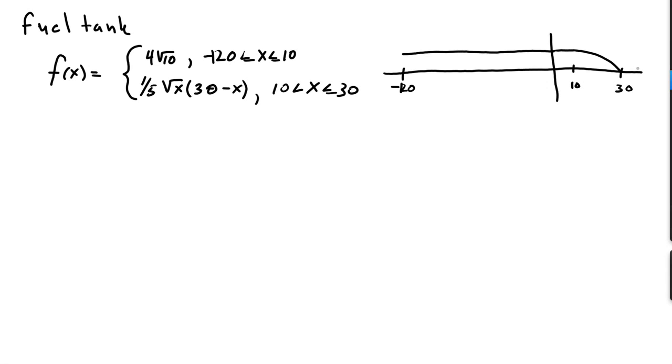So if we take this and we revolve it around the x-axis, I end up with something that looks like a rocket or a fuel tank, or however you want to think of it.